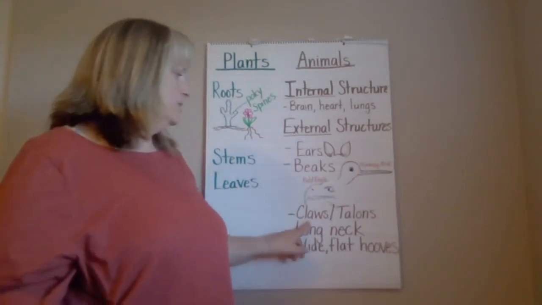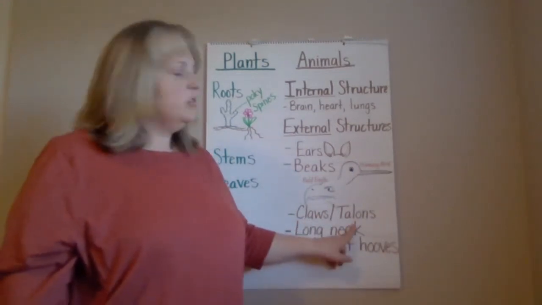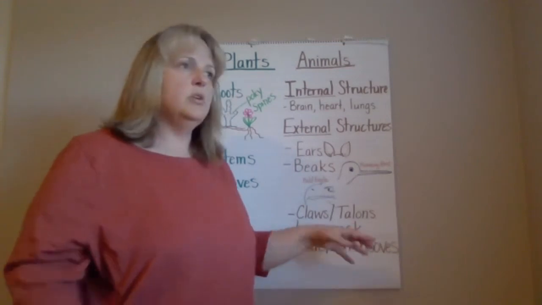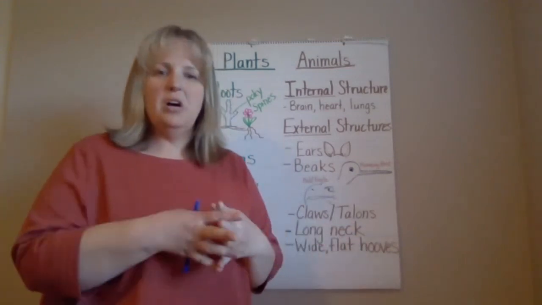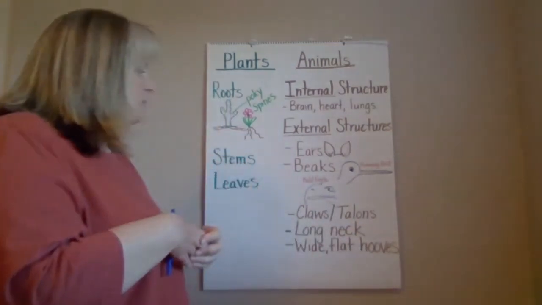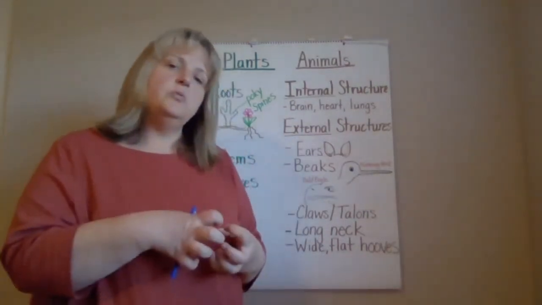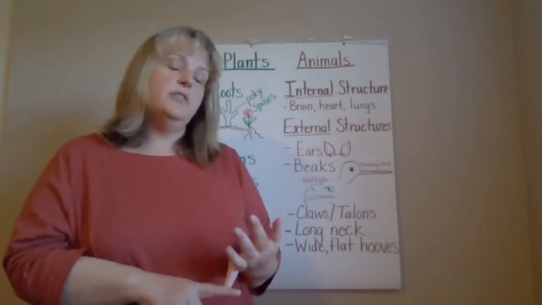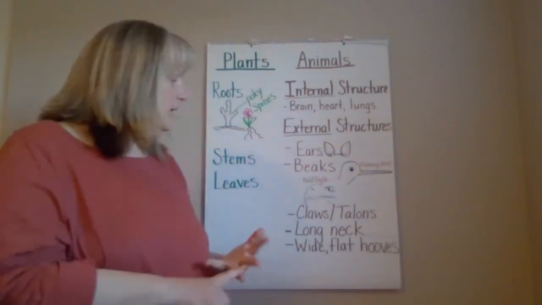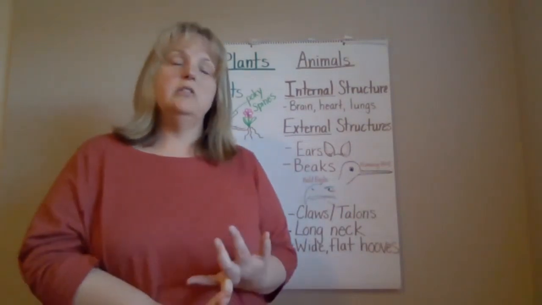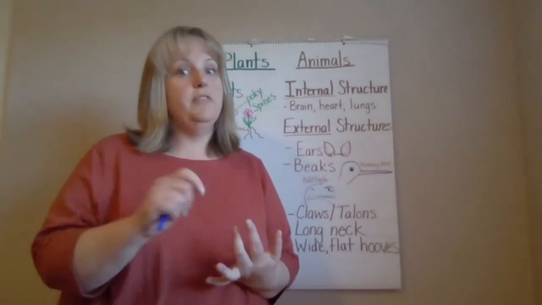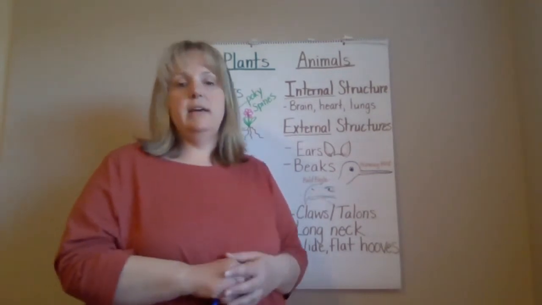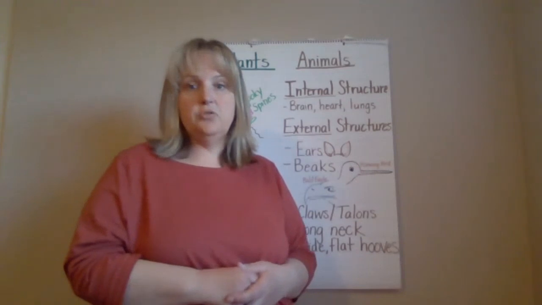Same with claws and talons. These claws and talons allow animals to, and you learned about claws this last week, not only hang on to prey, but allows them to dig if they are a burrowing animal. It allows them to climb. We learned about a sloth, one of my favorite animals, as well as koala that live a lot of their life up in the trees.